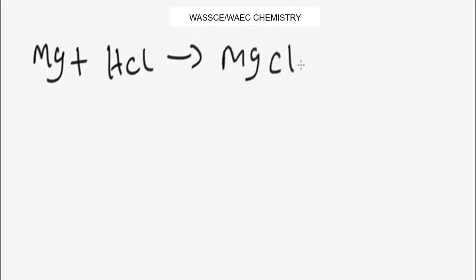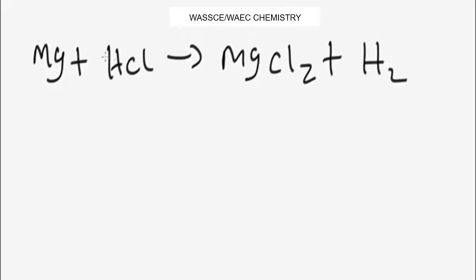A typical example is when magnesium reacts with either hydrochloric acid or sulfuric acid in a cold dilute solution to produce lots of bubbles, which is the hydrogen gas. Magnesium reacts with cold dilute hydrochloric acid, and the output will be magnesium chloride plus hydrogen gas.